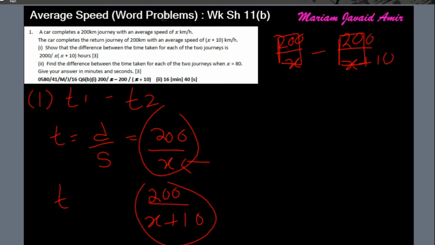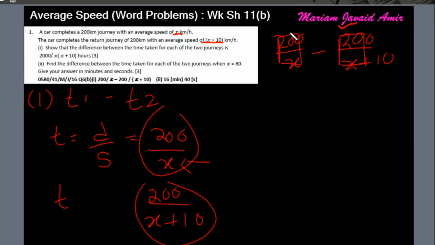Or another way is by just reading and comprehending the question. A car completes 200 km with an average speed of x, and then on the return journey the speed increases, so that means the time decreases. So that's why this fraction comes after the first fraction.